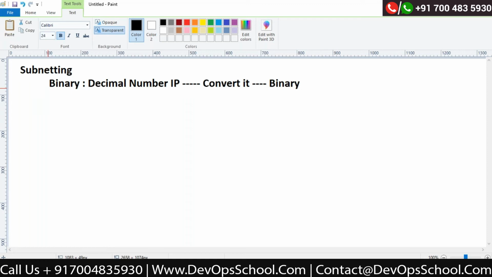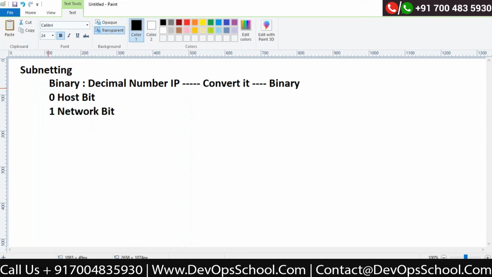Now, in subnetting or in IP addressing, 0 would be considered as a host bit, and if I consider 1, it would be considered as network.